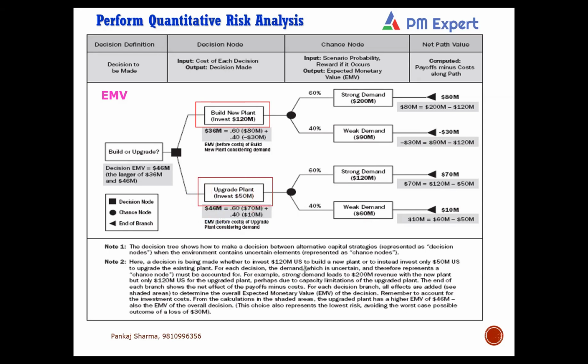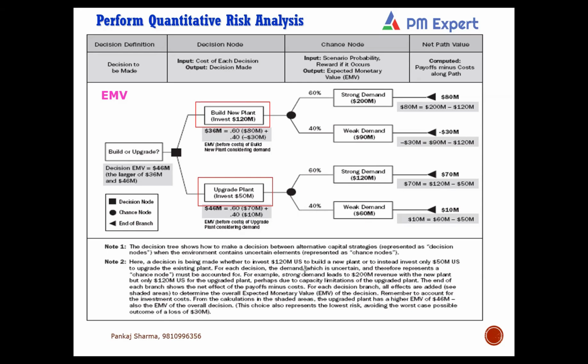50 million. Both have risks. Building a new plant is a risk, and upgrading a plant is also a risk. And both are opportunities as well as threats. In both the decisions, whether I build a new plant or upgrade the plant, there are threats and opportunities.